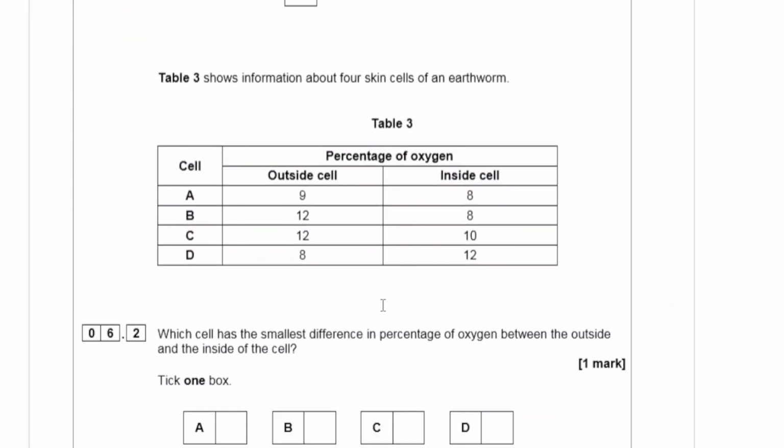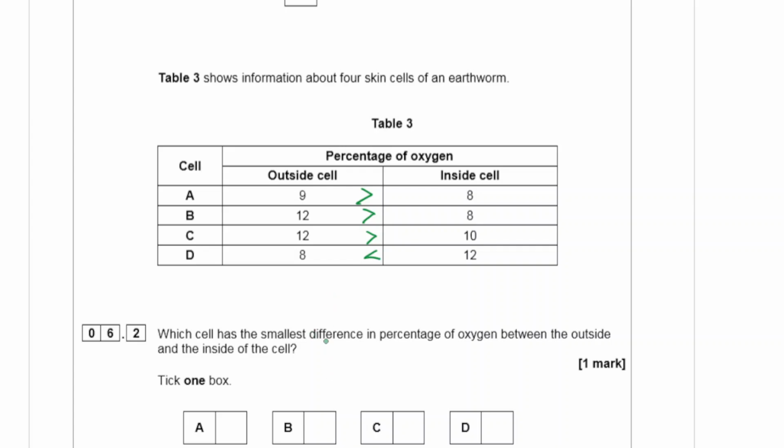Table 3 shows information about 4 skin cells of an earthworm: A, B, C, and D, with the outside percentage of oxygen. There is more on the outside, more here again, more here again, and it's less here.